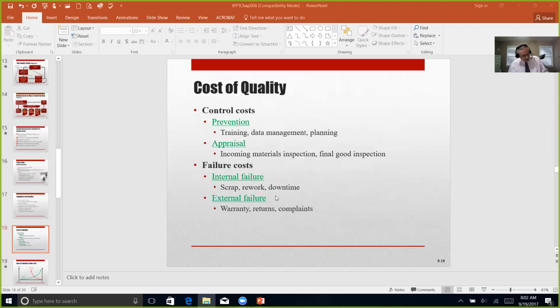Very good read, a very good reminder of this cost of quality as you think about how quality comes with a direct cost to you as a business from poor quality. And this is, again, a good table to look at those different costs.